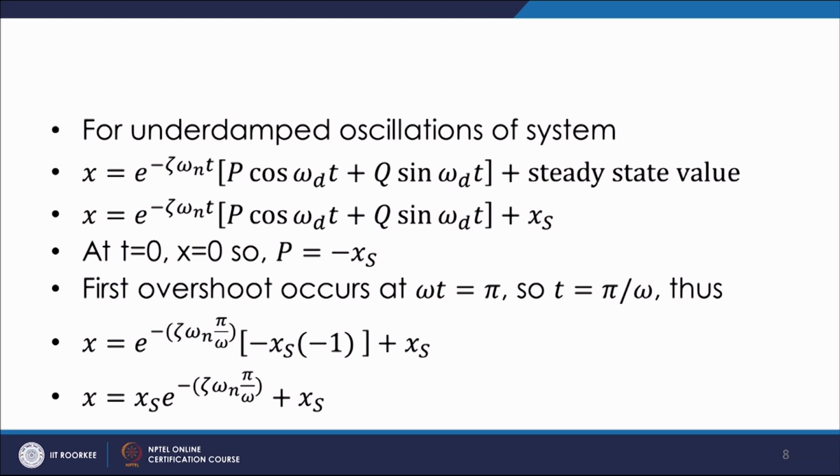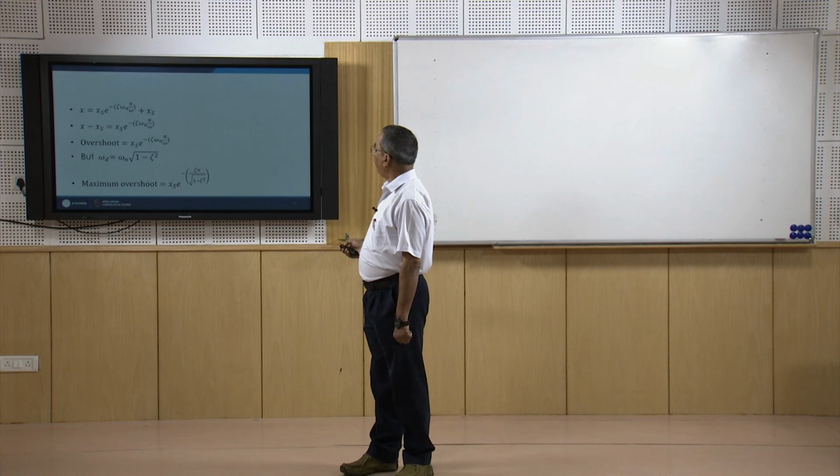Here omega d is basically omega. The minus minus will get multiplied, so you will have x equal to xs e to the power minus zeta omega n pi by omega, plus xs. This is the expression we had.